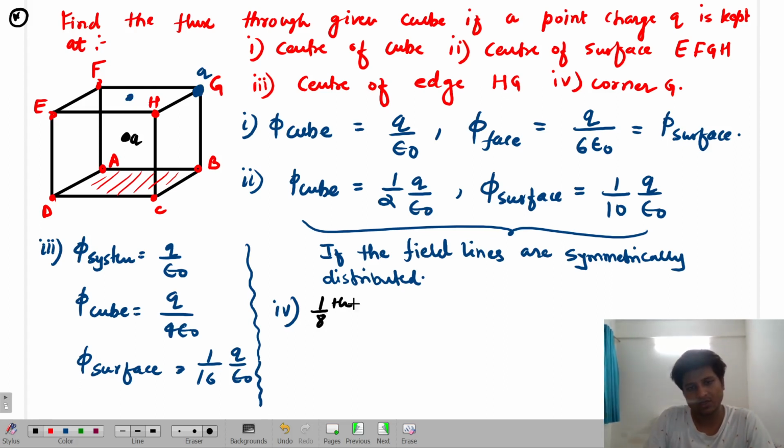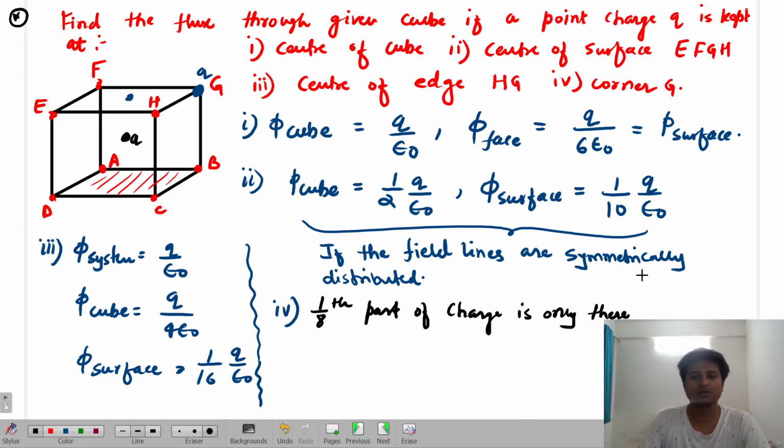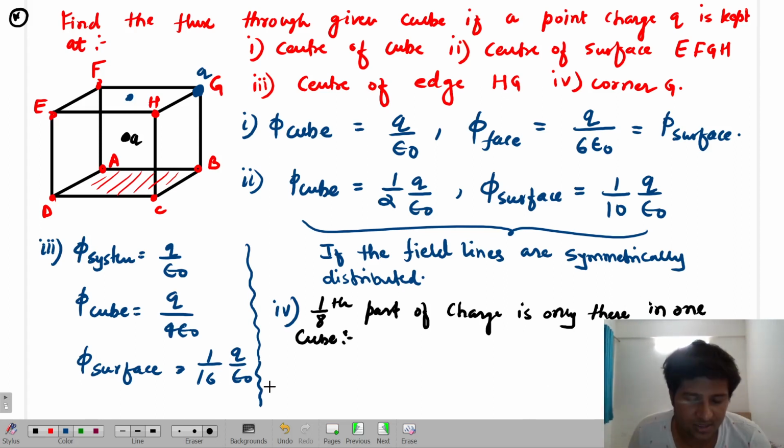So 1/8 part of the charge is only there in one cube. So simple. I need to construct 8 such cubes to enclose that charge at the vertex.